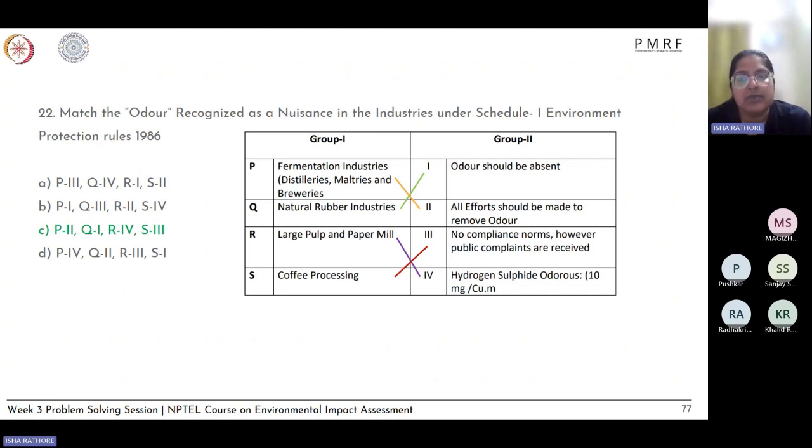Then large pulp and paper mills use hydrogen sulfide, so a concentration of 10 milligram per cubic meter of hydrogen sulfide smell is tolerable. And for coffee processing, there are no compliance norms. However, public complaints can be received. So P matches with 2, Q matches with 1, R matches with 4, and S matches with 3. So C is the correct answer.